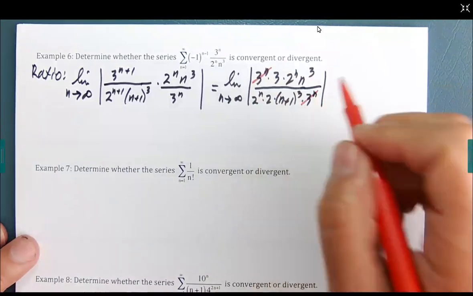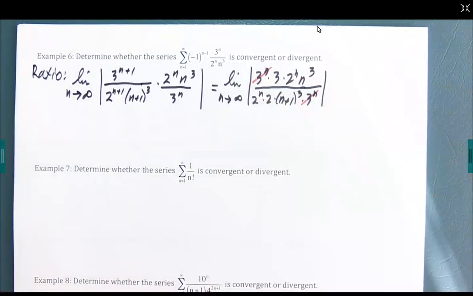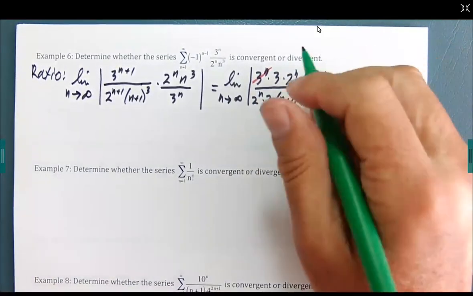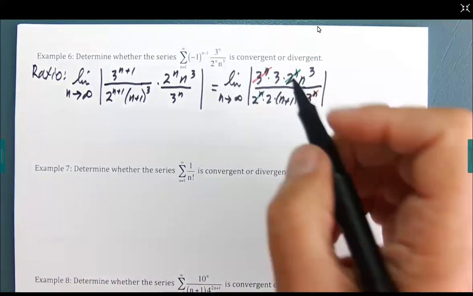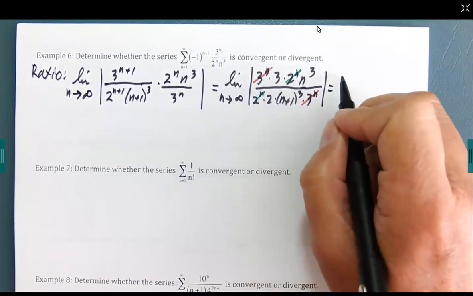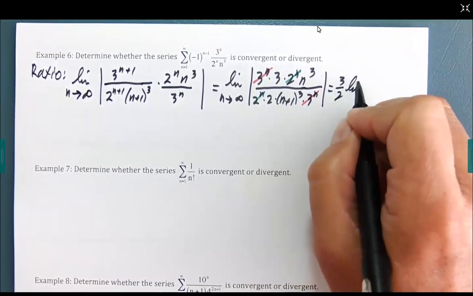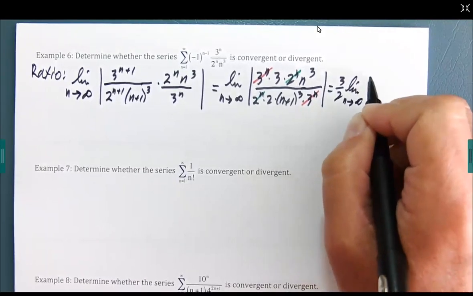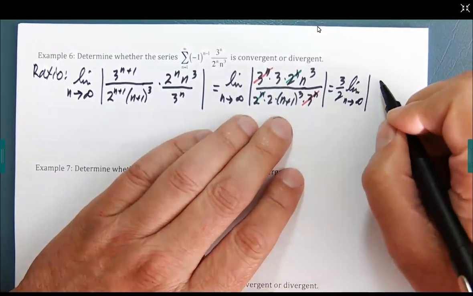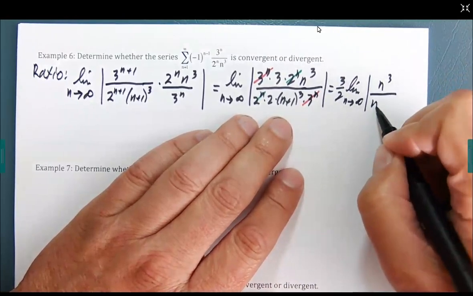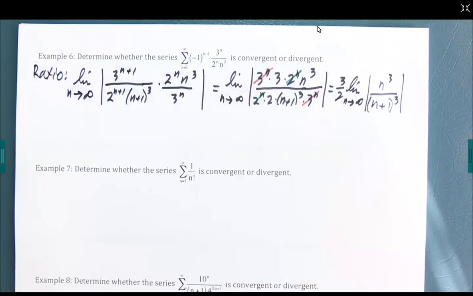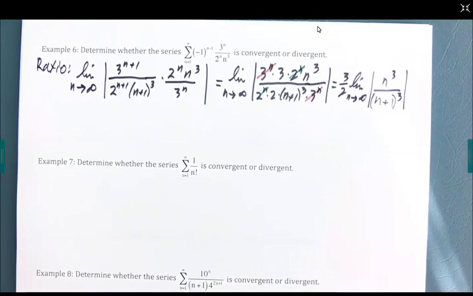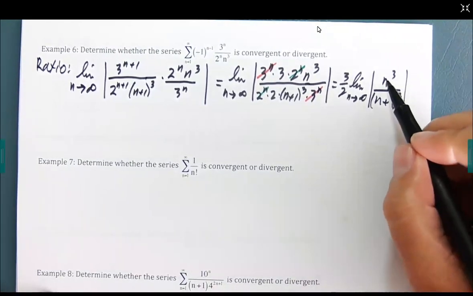3 to the n is gone. 2 to the n is gone. Now I am left with a 3 and a 2. And an n to the third over n plus 1 to the third. Now, once again, if I were to FOIL that out, we would have n to the third over n to the third.